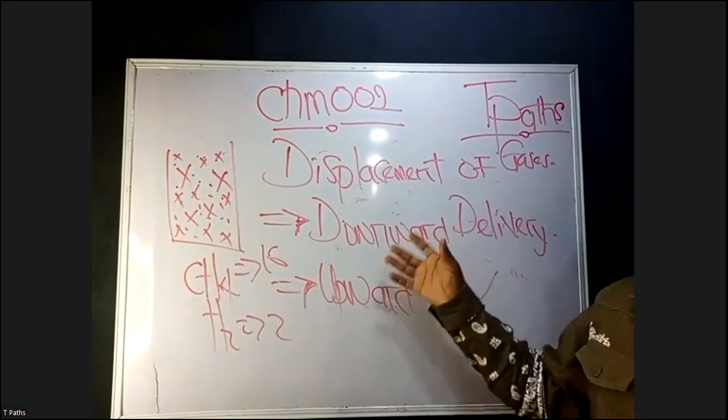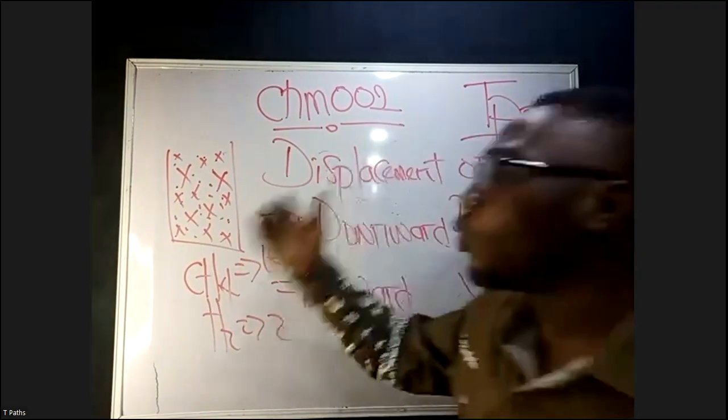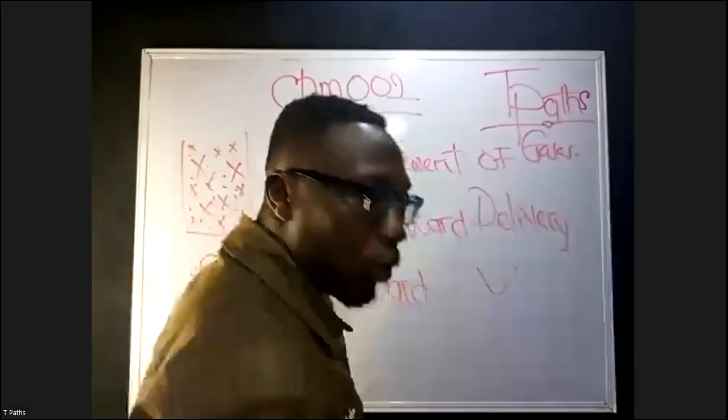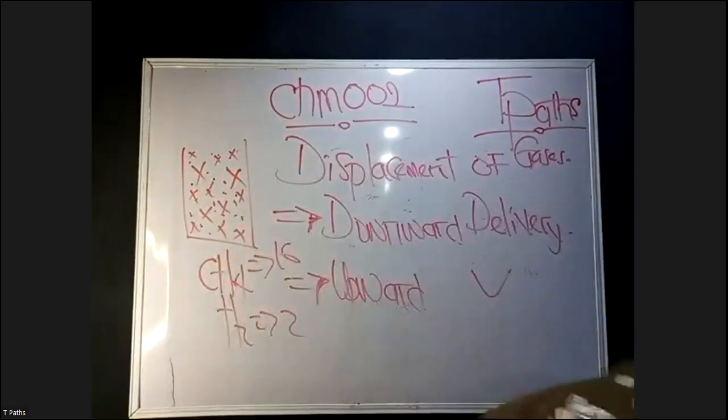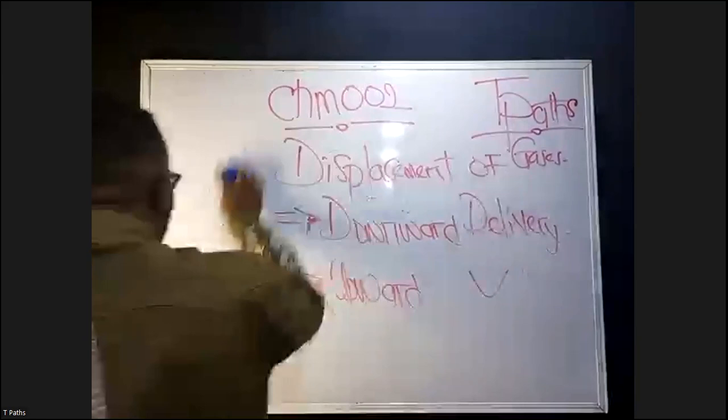The reason I bring this up is that there is a question that says a gas is placed over water. If a gas is placed over water, please pay attention, you must notice one thing.